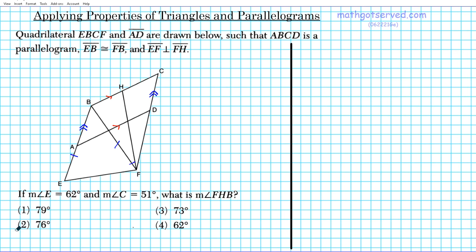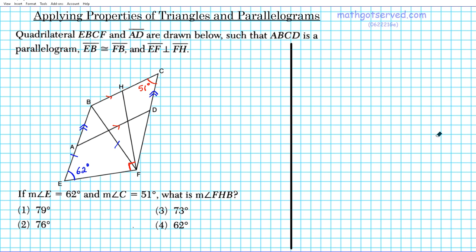Let's go ahead and mark that. What else? The measure of angle E is 62 degrees, so this angle in the lower left corner is 62 degrees. And the measure of angle C is 51 degrees, so this angle up here is 51 degrees.